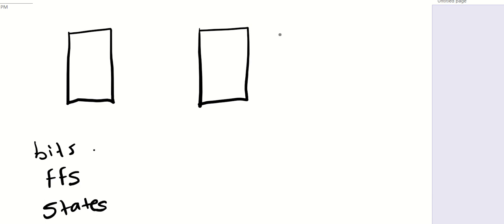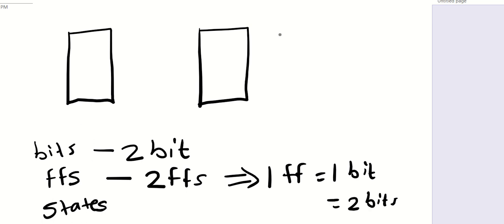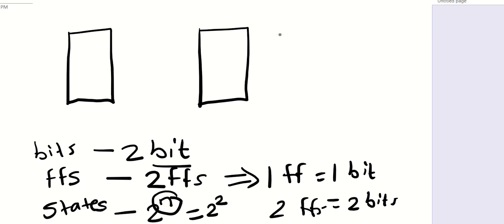Okay, if it is a 2-bit counter, for example, then the number of flip-flops required will be 2, because one flip-flop can store only 1 bit, and if I want to design for 2 bits, then I will require 2 flip-flops, right? And the number of states is decided by the formula 2 raised to n, where n is your number of bits. So if the number of bits is 2, that is 2 raised to 2, then the number of states will be 4.